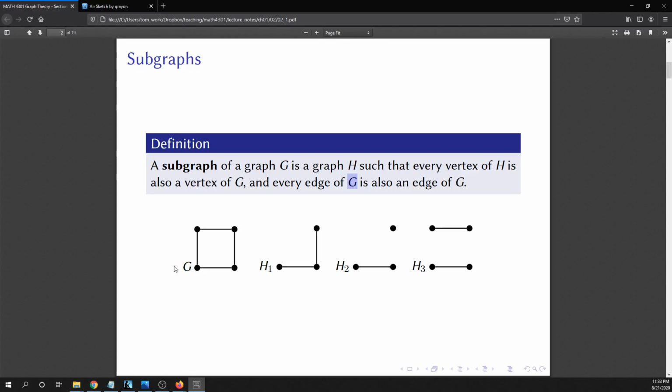Okay, so here you can see I have a graph G, and then I just show you several subgraphs of G, H1, H2, and H3. So here you can see H1 has these three vertices and these two edges. In H2, I've got these three same vertices again, but one less edge.